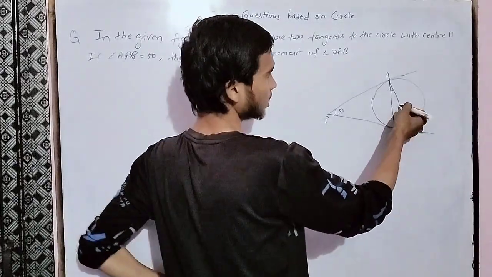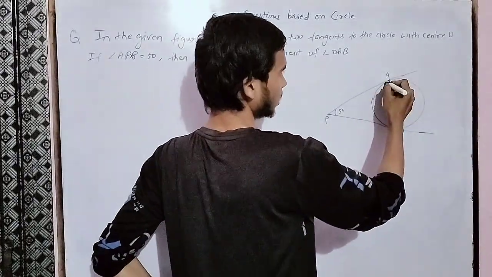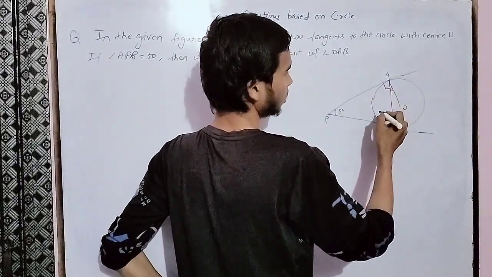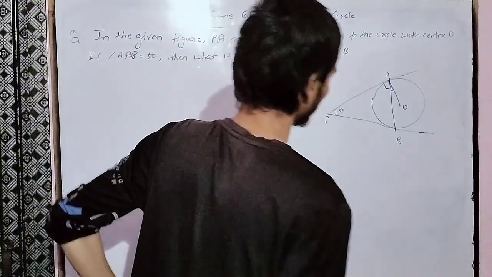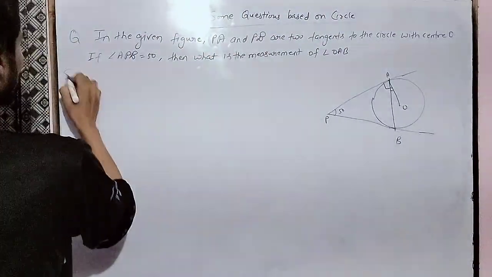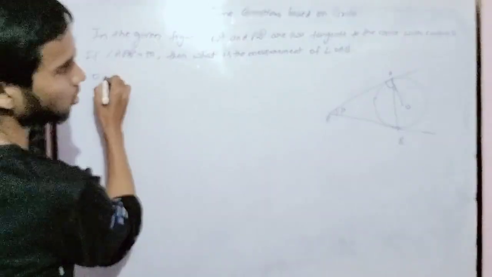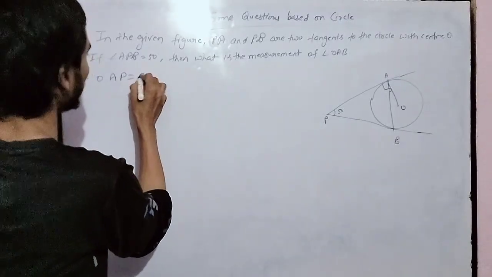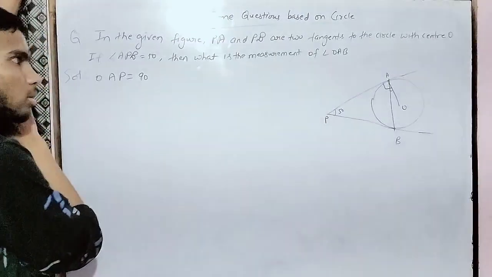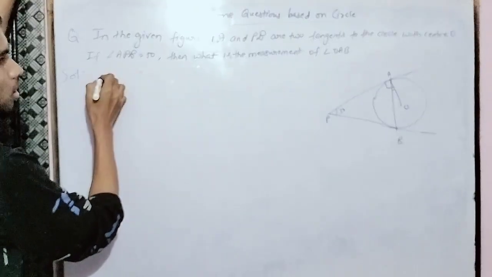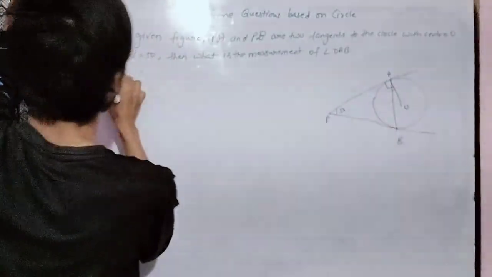We know that this is perpendicular to PA. Then it is forming how much? 90 degree. So we can say angle OAP is 90 degree. Otherwise, you can say OA is perpendicular to PA.